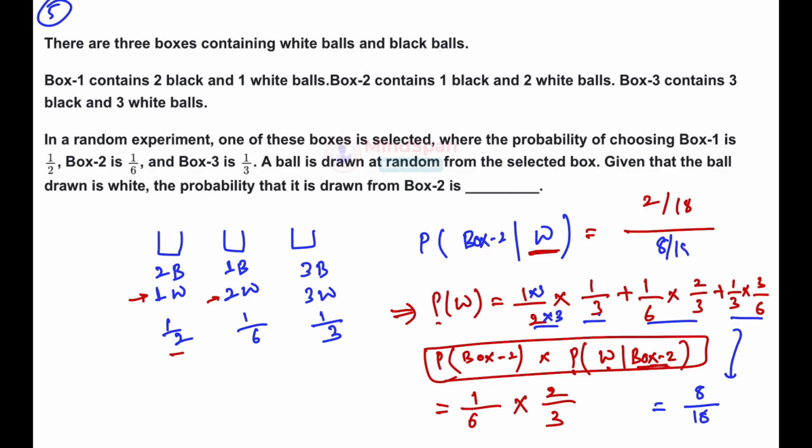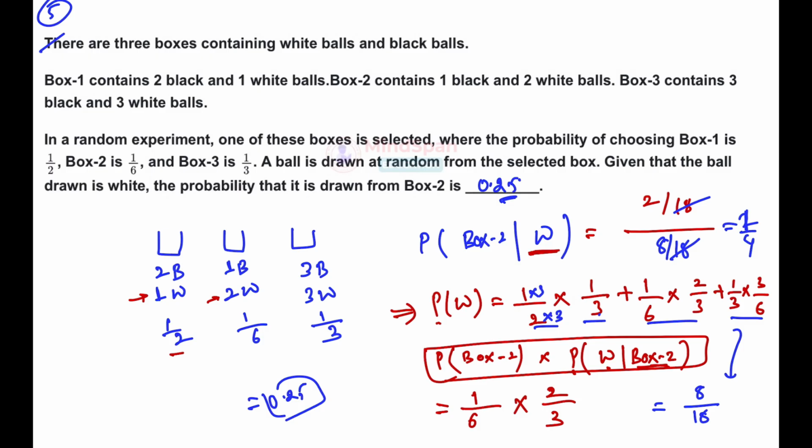So this 8 will get cancelled. So you will have 2 divided by 8, that is 1 divided by 4. So that is 0.25. So the answer to this question is 0.25. So this was the easy question based on conditional probability, or if you would like to say, based on the Bayes theorem.